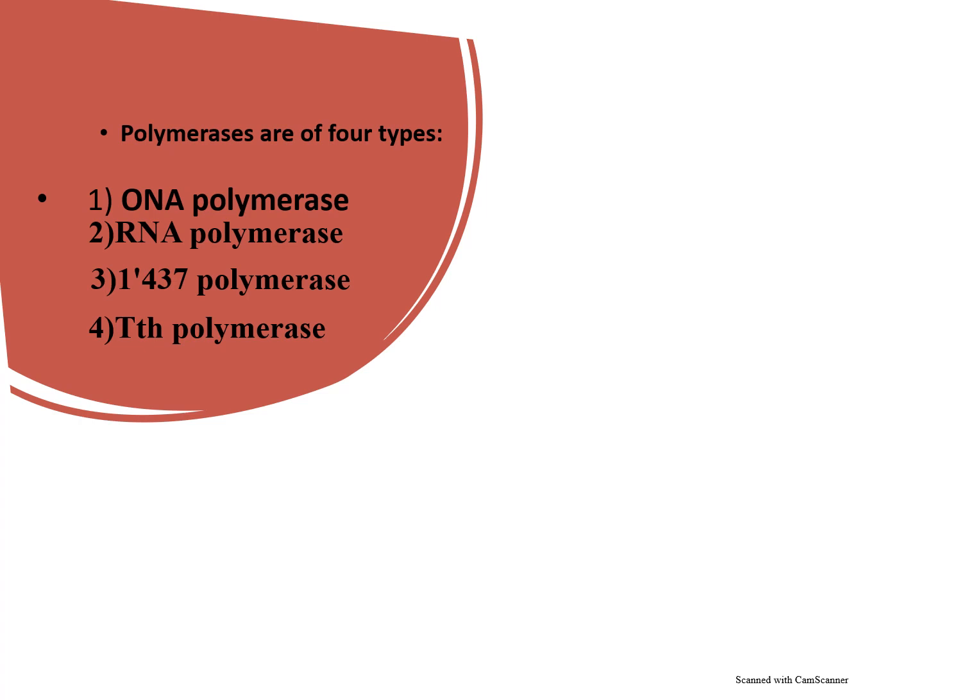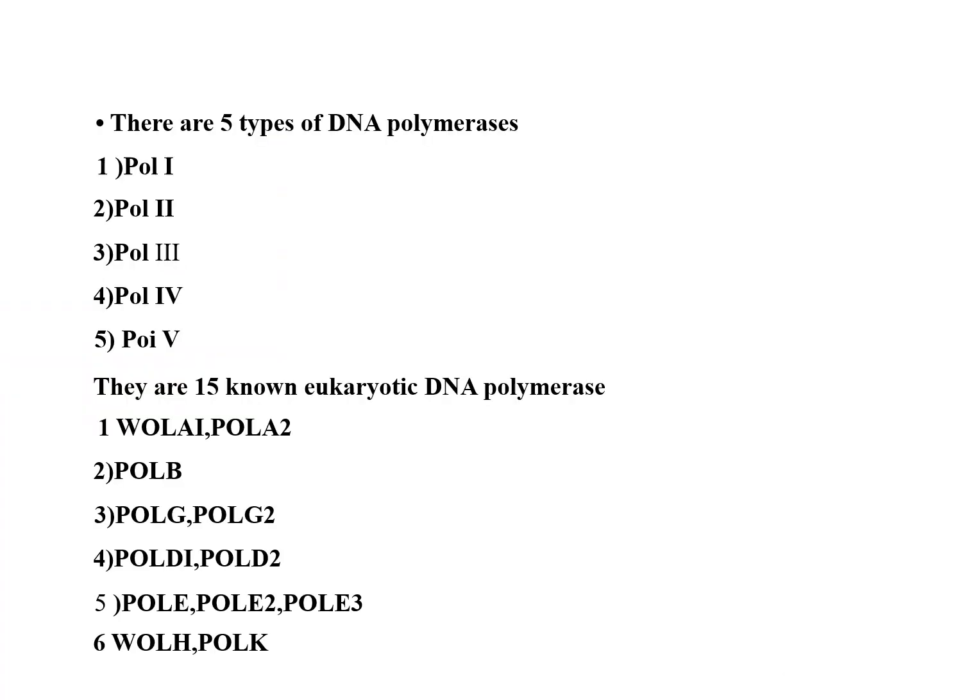Polymerases are of four types: DNA polymerases, RNA polymerases, T7 polymerases, T4 polymerases. There are five types of DNA polymerases: pol 1, pol 2, pol 3, pol 4, pol 5. There are 15 known eukaryote DNA polymerases as shown below.